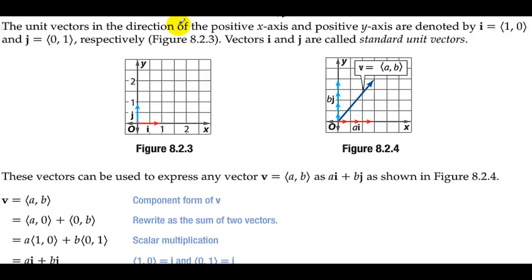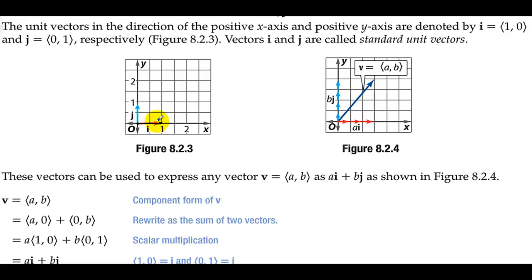The unit vectors in the direction of the positive x-axis and positive y-axis are denoted by i, the unit vector along the x-axis, and j, the unit vector along the y-axis. And here are the vectors right here. If we have i, in component form or standard form, it is 1, 0. So we go to 1, 0, and the initial point is at the origin.